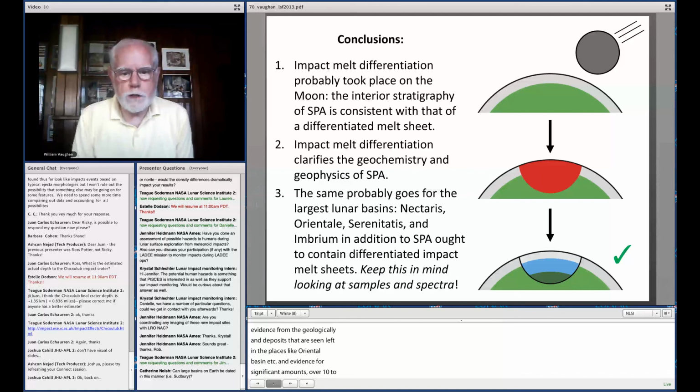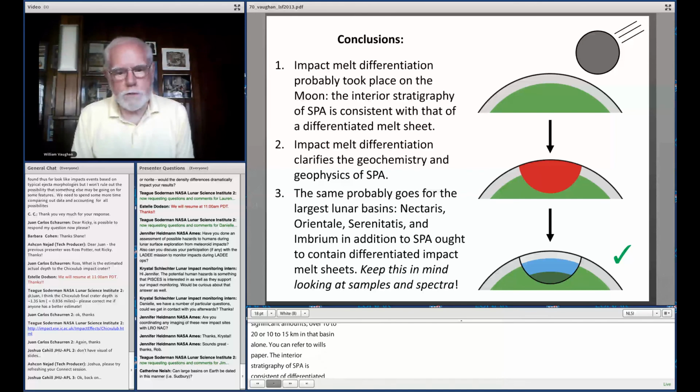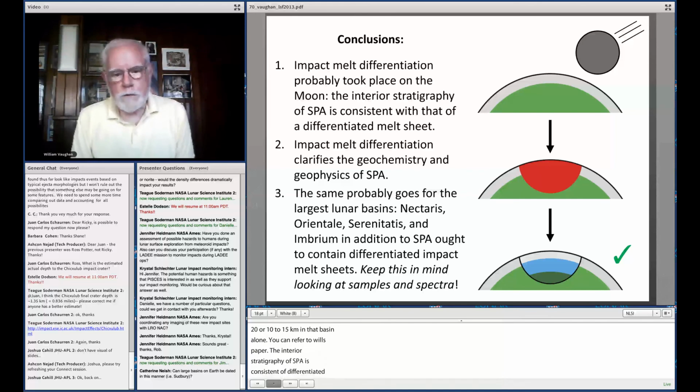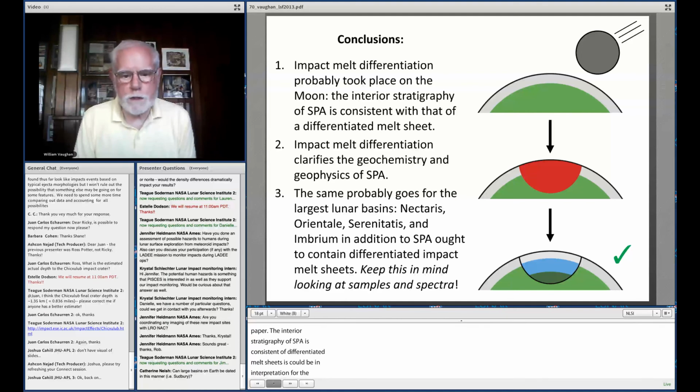You can refer to Will's paper in Icarus. So the interior stratigraphy of SPA is consistent with that of a differentiated melt sheet. This could be an interpretation for the geological and mineralogical and geophysical relations we see there. Impact melt differentiation helps to clarify some of the unusual aspects of the geochemistry and geophysics of SPA.